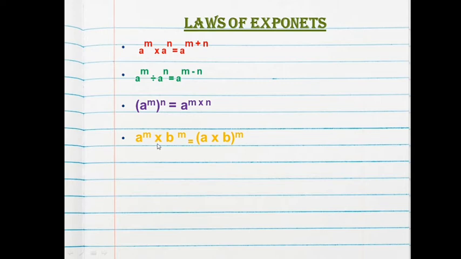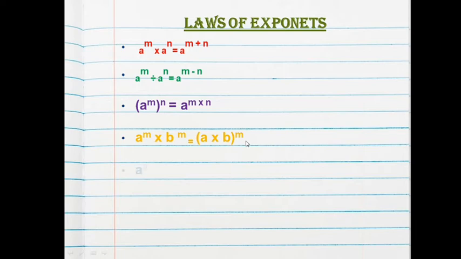So that time we have to multiply the bases and we will take the power as common for both. So it will be a into b whole raised to the power m. So we are going to read it as a raised to the power m into b raised to the power m is equal to a into b whole raised to the power m. Carefully listen to all these laws and see the difference between them also.